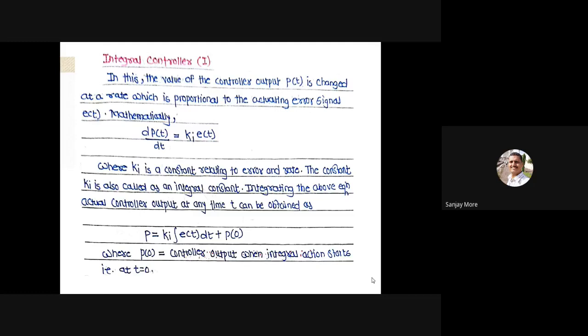And integrating the above equation, the actual controller output at any time t is capital P is equal to Ki integration of E of t dt plus P0, where P0 is equal to the controller output when integral action starts, that is at t is equal to 0.